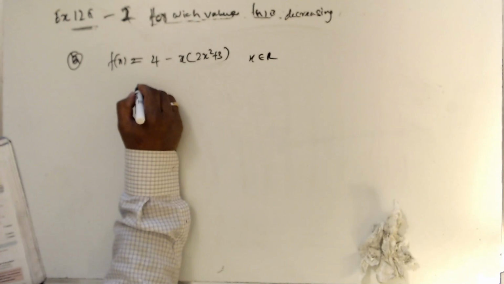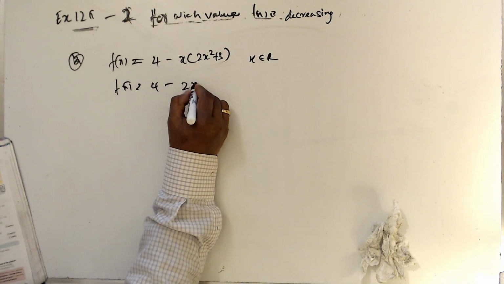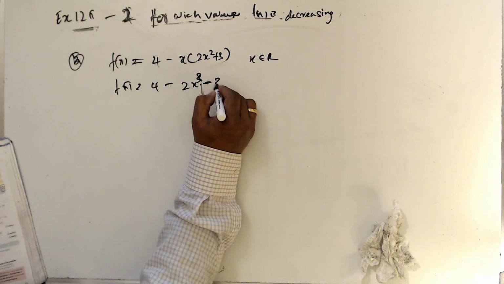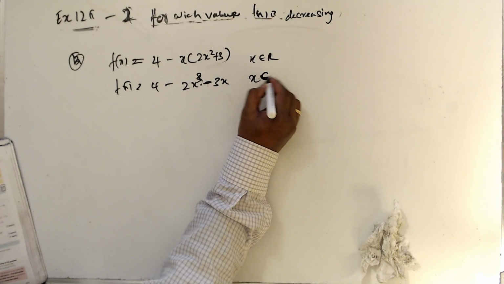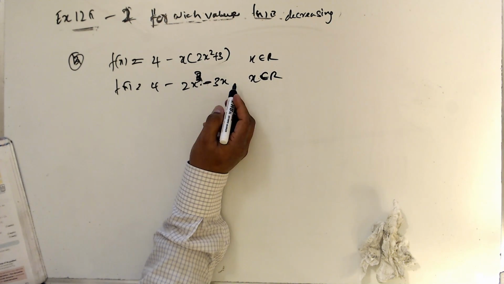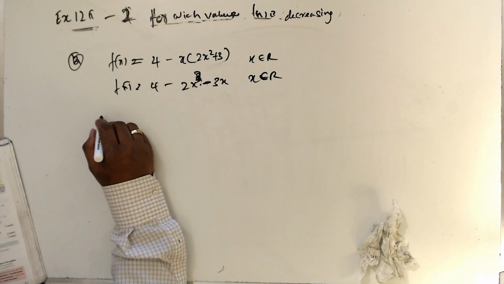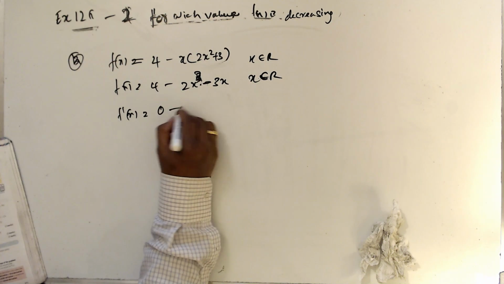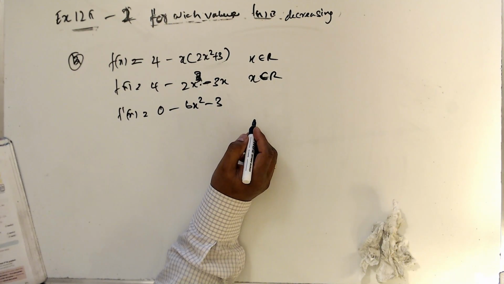Part h. f of x equals 4 minus 2x cube minus 3x, x is an element of R. Now f dash x equals, this is 0, this is 6x square minus 3.